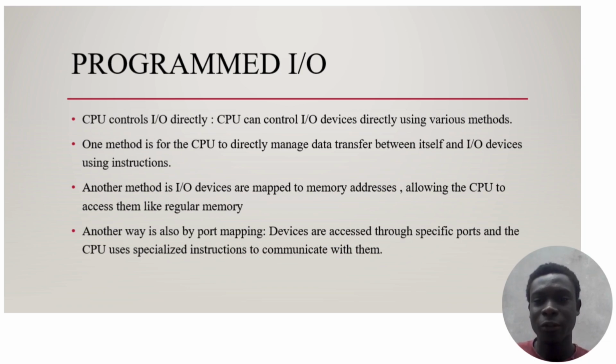Lastly, devices are accessed through specific ports, and the CPU uses specific instructions to communicate with them. So that's the fundamental of the I/O. It's a method that is used to transmit data via input or output peripheral devices.